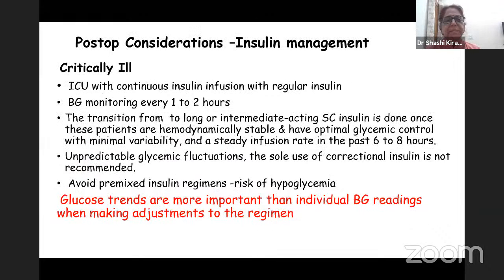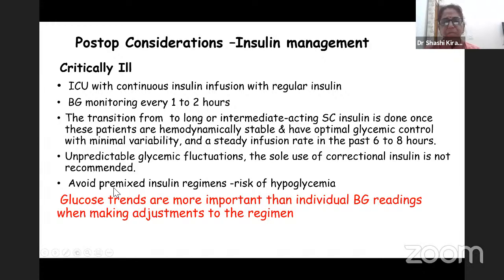In critically ill patients in ICU, you should have continuous insulin infusion with regular insulin. Blood glucose monitoring should be undertaken every 1 to 2 hourly. These patients have unpredictable glycemic fluctuations, so sole use of fractional insulin is not recommended.